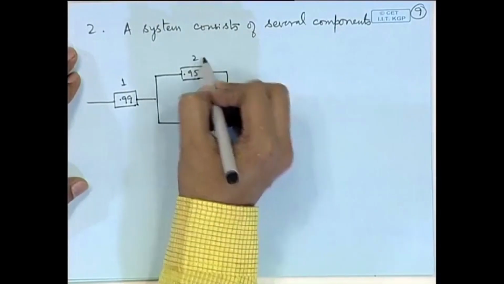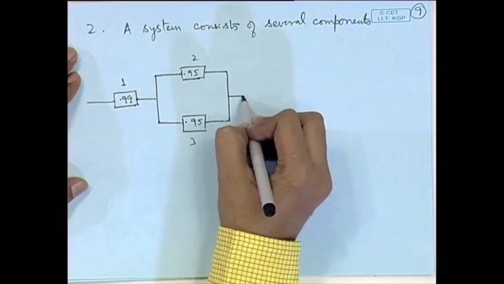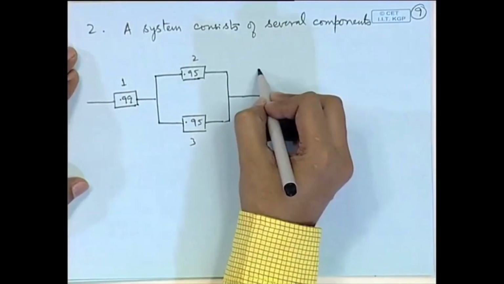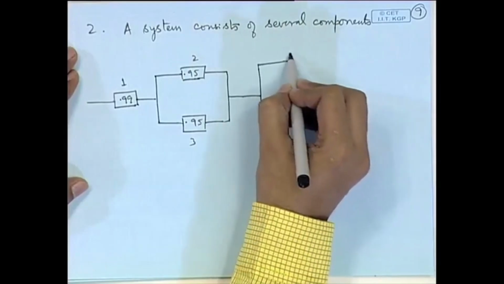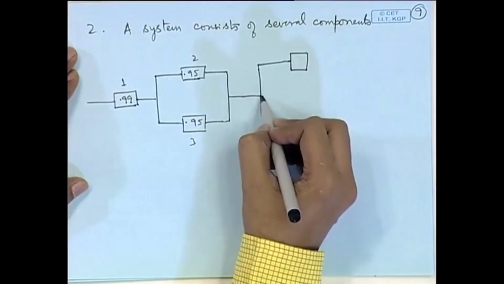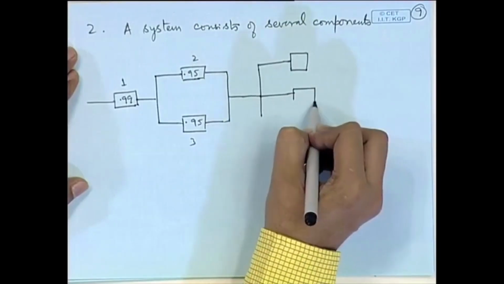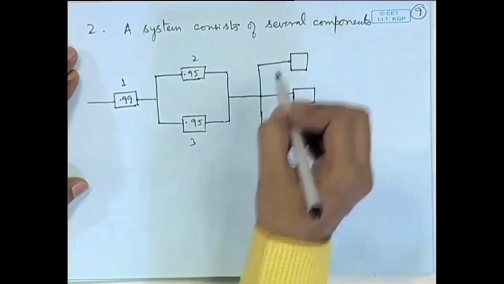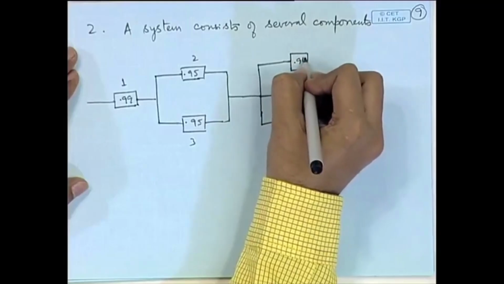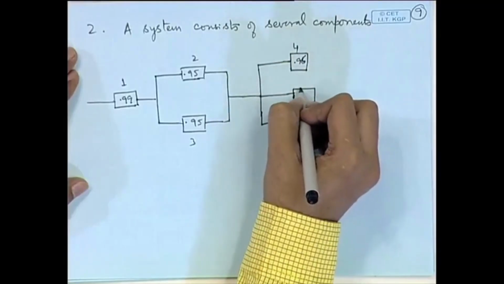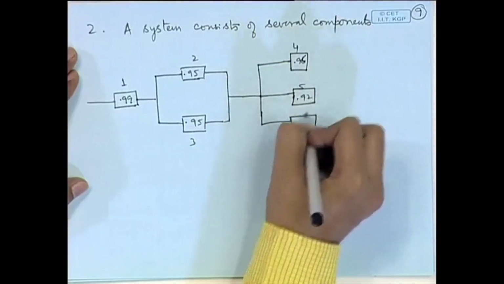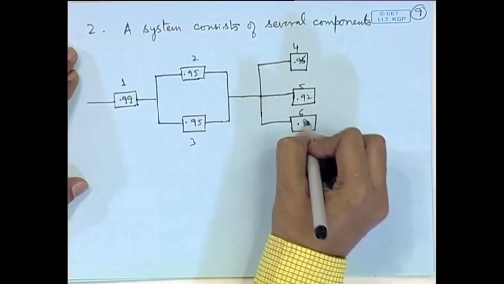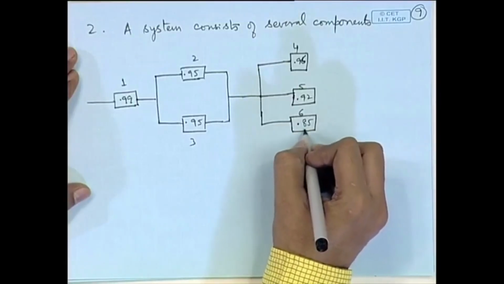Let us name them 2 and 3. The next part consists of 3 components connected in parallel with the reliability 0.96 for component 4, 0.92 for component 5 and 0.85 for component 6.